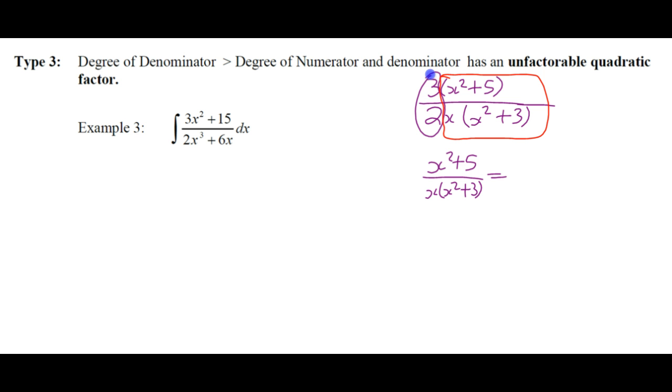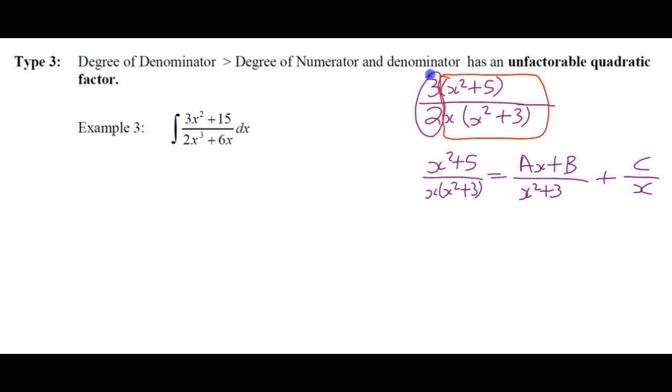So here's the different stuff we have to do. Now you can write this in. So up here, we're going to write (ax plus b) over (x squared plus 3) plus c over x. Okay? So we have to introduce this linear ax plus b up here over the x squared plus 3, right?